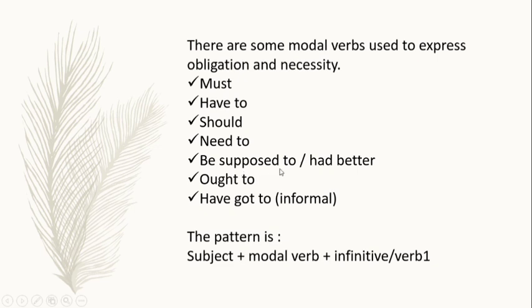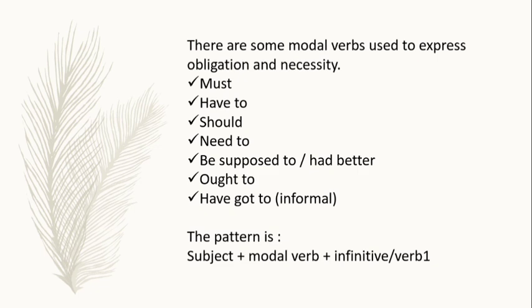Be supposed to is used to talk about what you should do because of a rule or because it is expected. So if you use be supposed to, it indicates the obligation and what you should do based on the rule.